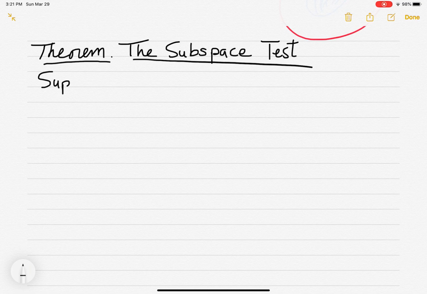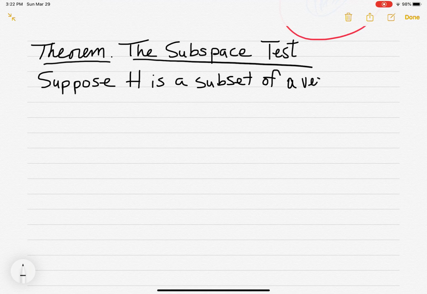Suppose H is a subset of a vector space V. Background information.